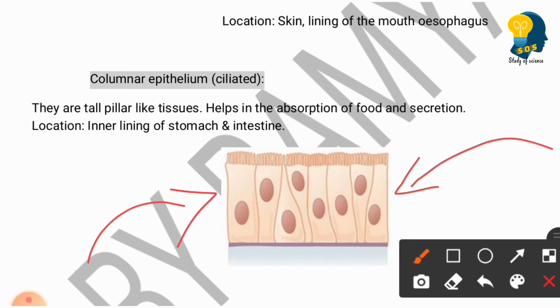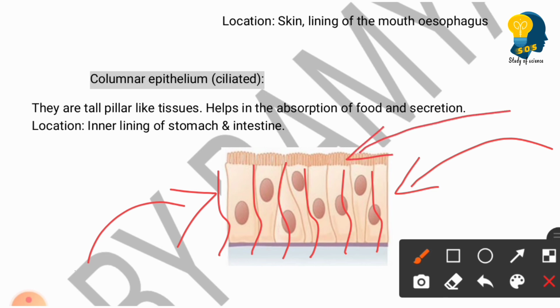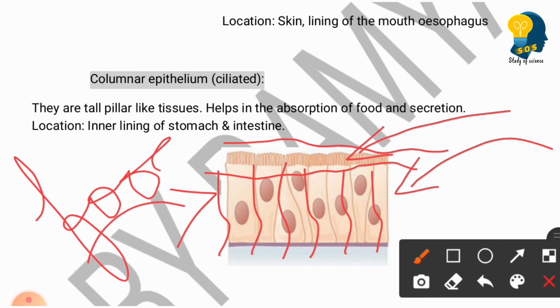You can observe they have pillar-like structures, and they also have small villi on top of them. These villi help in the absorption of food. The small intestine of your body has small villi, and these small villi help in the absorption of food.